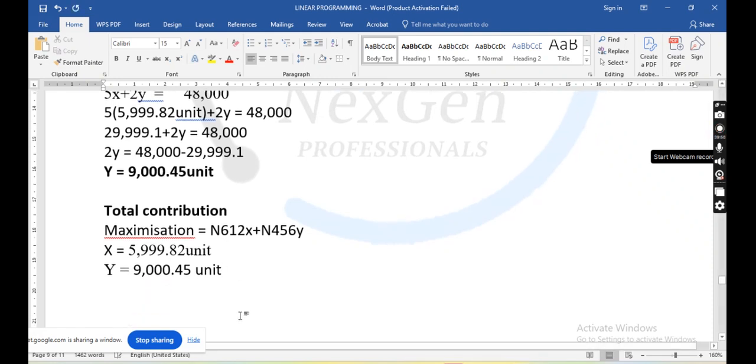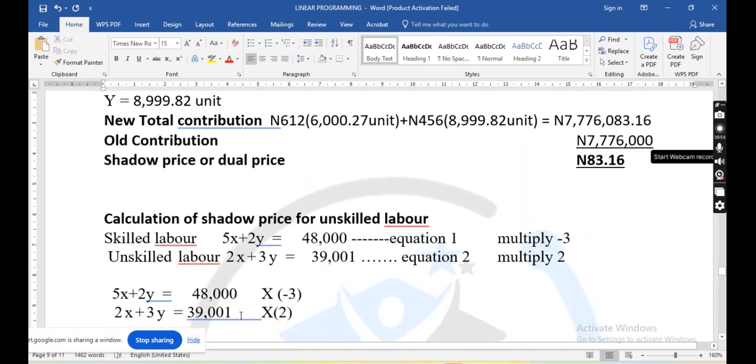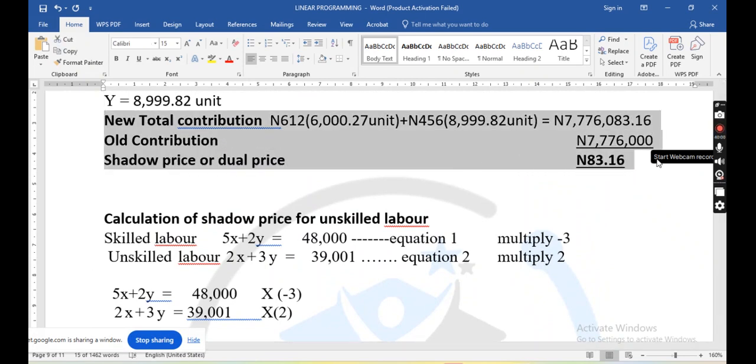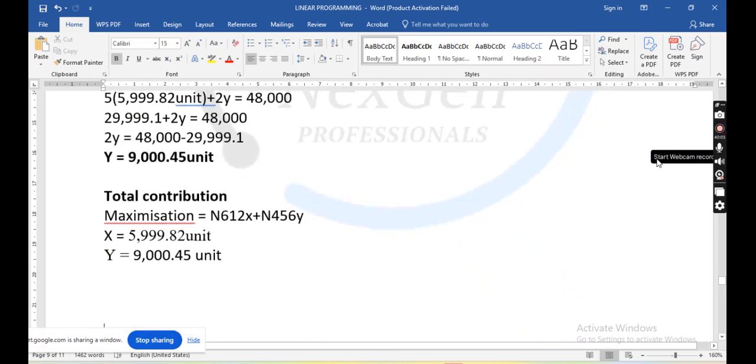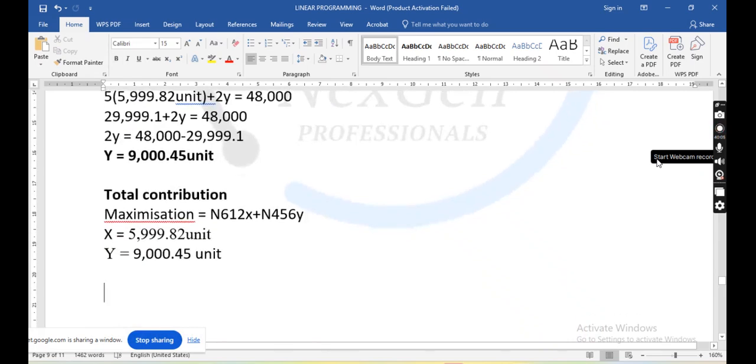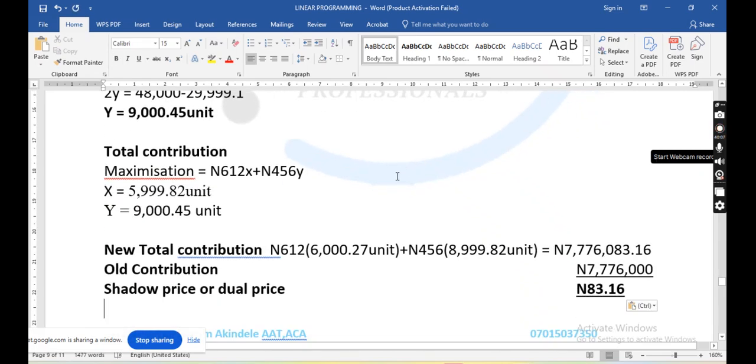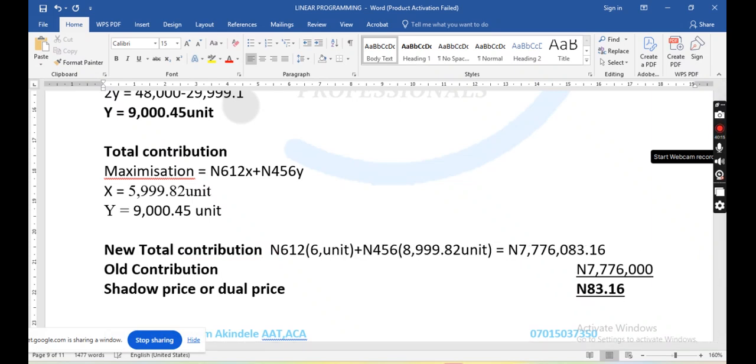So therefore, we can substitute, right? Let me quickly copy this without wasting much of our time. Wow, I'm tired. You can see it's kind of stressful, right? That is why it is a compulsory question. They want you to think: how will you calculate shadow price under linear programming?